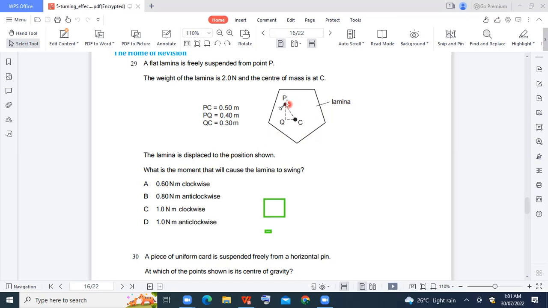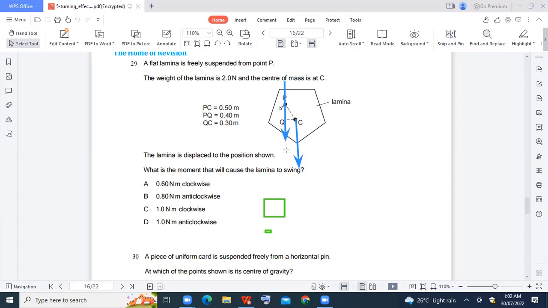Now this is our pivot point, and this is the weight. The weight would be acting from here in the downward direction. And this is the perpendicular distance.